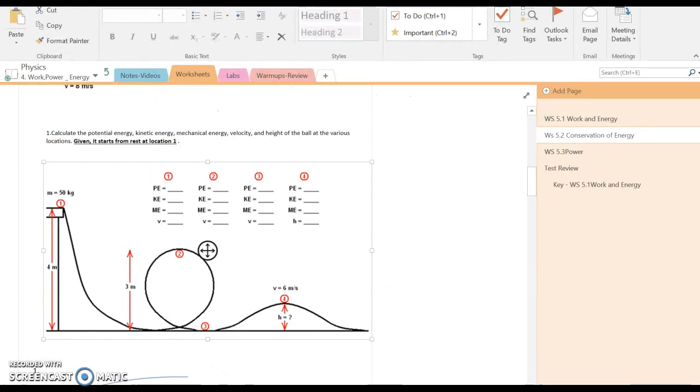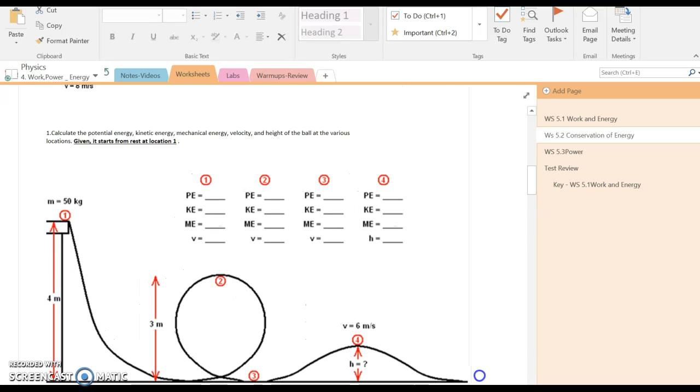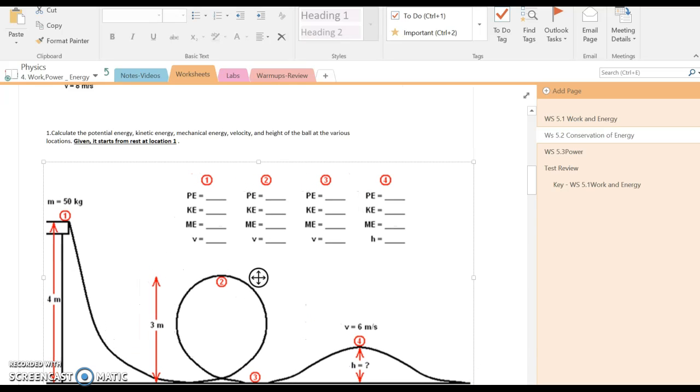So let's do an example problem on how to apply the law of conservation of energy. Here is a roller coaster as an example, and there is a mass of 50 kilograms at the very top. We want to calculate the potential, kinetic, and total mechanical energy at each of these points, and then the velocity and the height at each of these points.